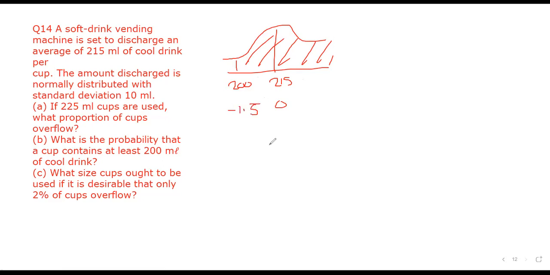So you're going to read from the table the reading for 1.5. When we find it, are we going to read it as it is, or are we going to subtract? Anyone? The reading, are we going to subtract or read direct? Direct, correct. Why?